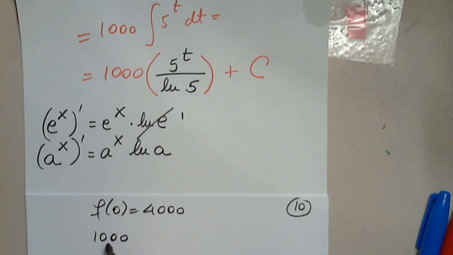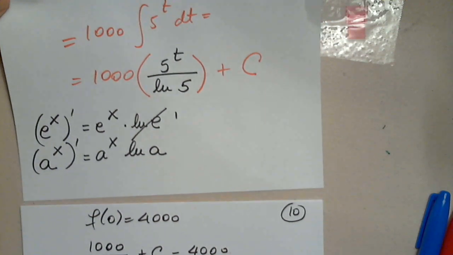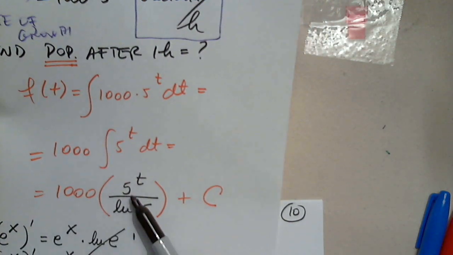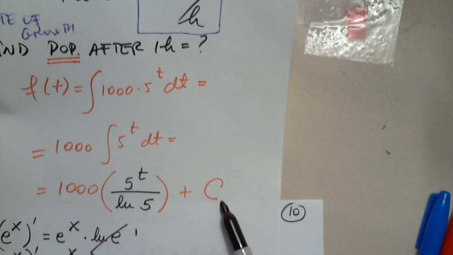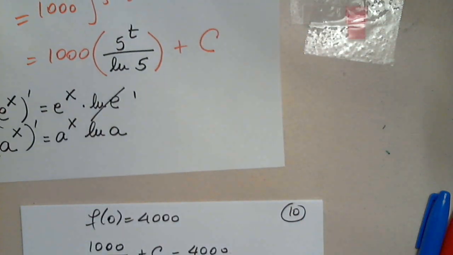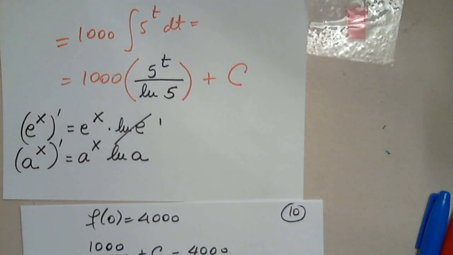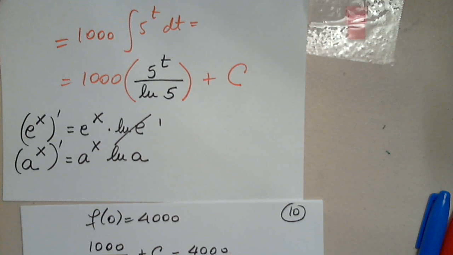So 1,000 divided by natural log 5 plus a constant equals 4,000. So now c equals 4,000 minus 1,000 over natural log 5.